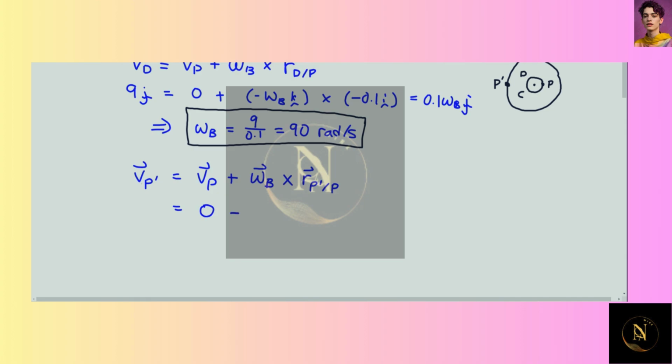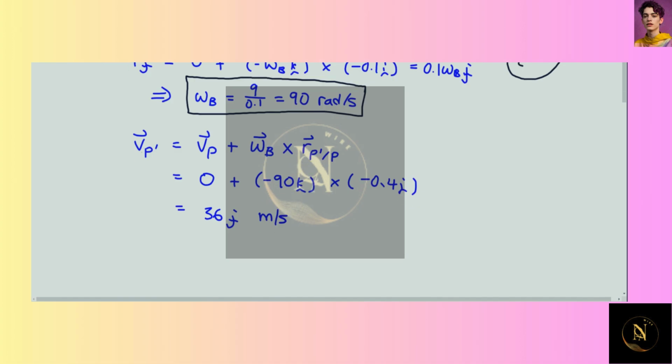VP is 0, omega B is minus 90K cross this RP prime relative to P, which is minus 0.4I. So this is 36J meters per second. Then omega A is equal to VP prime divided by RA.